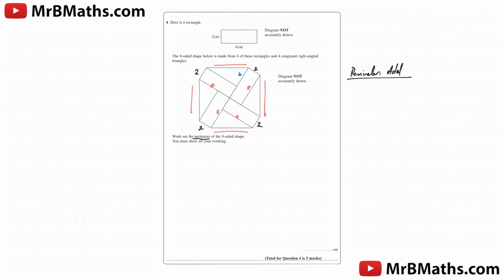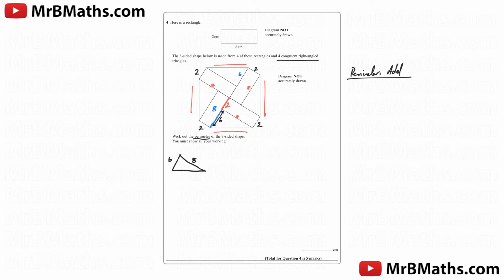So if I know that this entire section here is worth 8, and this here is worth 2, that could only mean that this part here is worth 6. If I extract one of the triangles, and it did say that they are 4 congruent, so they're all the same, I've got 6 here, 8 here. I need to find this side here.